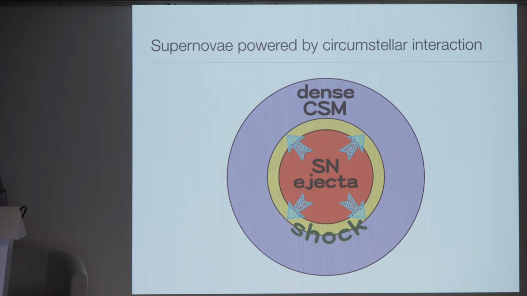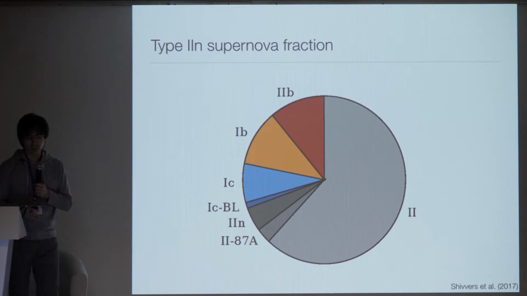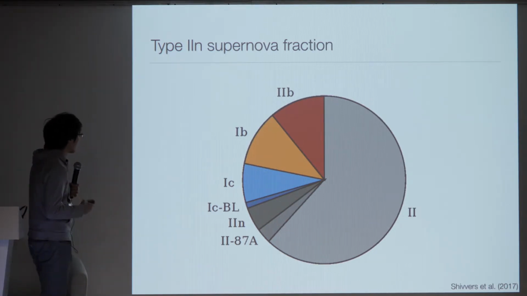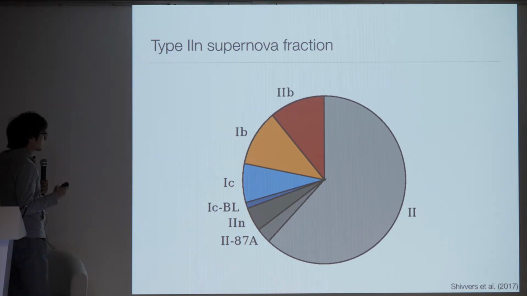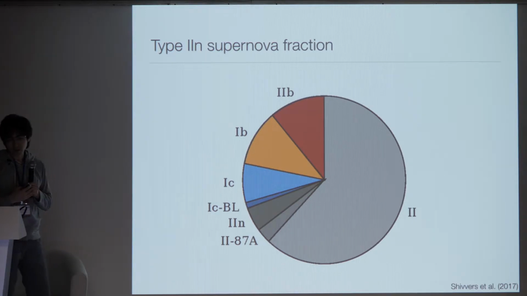This kind of type 2N supernova is not very common, but it's not rare either. About 10% of core collapse supernovae are now known to be type 2N supernovae. So this is not usual, but it's not an extremely rare event.